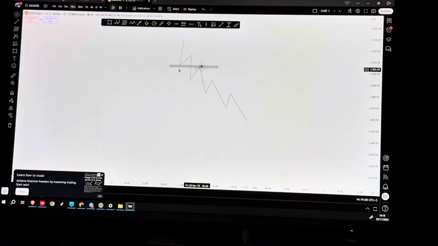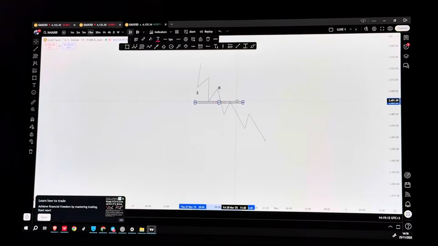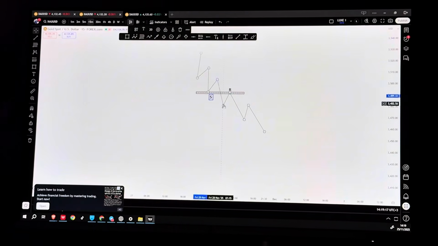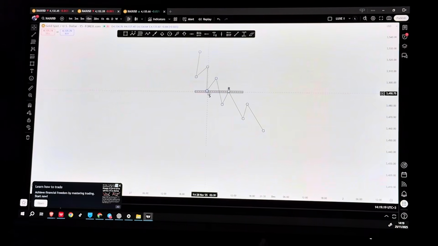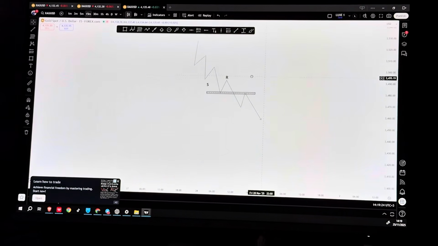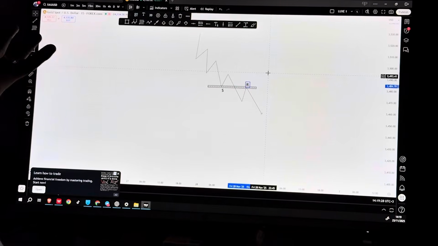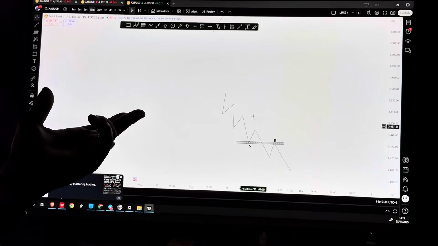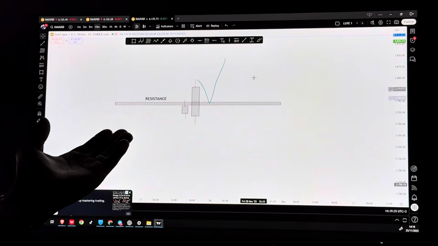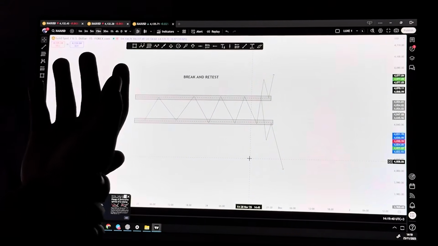The market broke your resistance and did a retest. The same thing here: this is your support, the market came and broke below your support and did a retest. So this is break and retest in three ways: if your market is bearish, if your market is bullish, and if your market is consolidating.